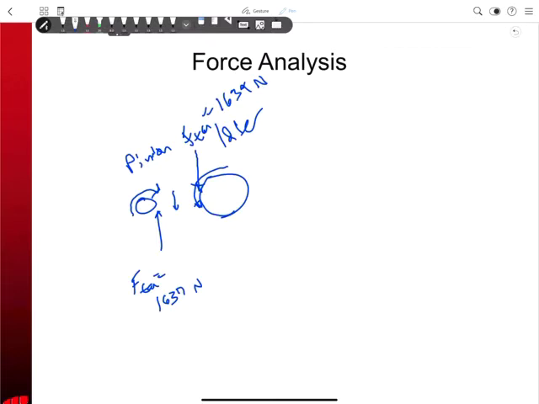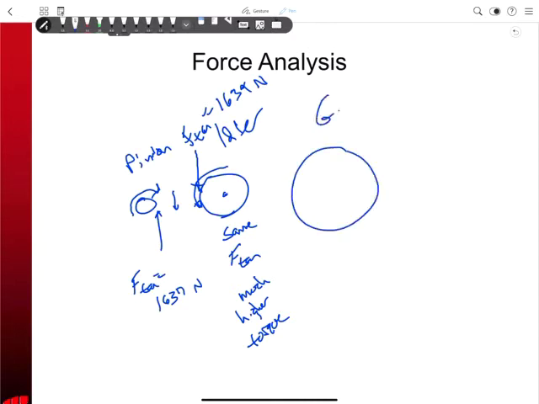So what the heck does this system do? Oh yeah, this is going to have a greater torque, right? Same F tan, but because it has a bigger diameter, much higher torque. And then this thing will drive a gear, which is even bigger.